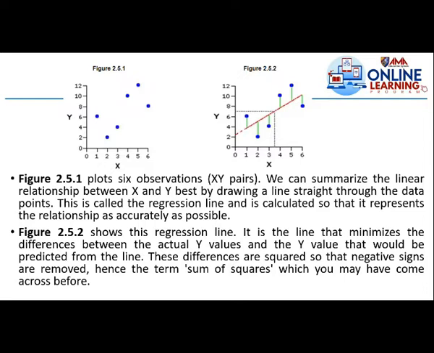So figure 2.5.2 shows the regression line. It is the line that minimizes the differences between the actual Y values and the Y value that would be predicted from the line. So kasi, as you can see there, yung mga points na nasa figure 2.5.2, hindi malayo siya masyado sa regression line.